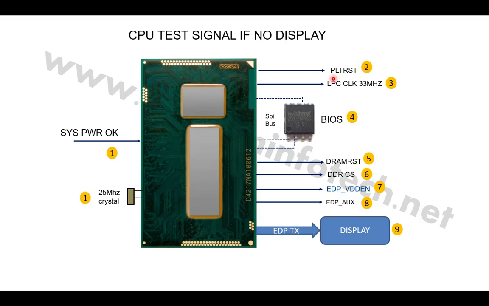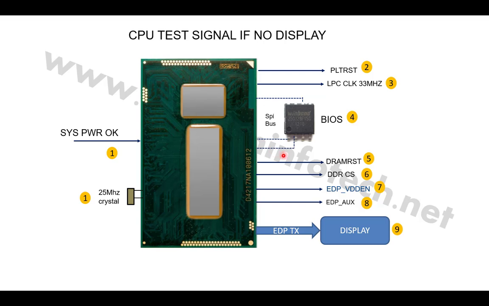Now if this signal is coming, the next step is the CPU starts reading the BIOS. BIOS pin number 1 is chip select, pin number 2 is the read pin, and pin number 6 is the clock pin. So we have to connect our oscilloscope to pin number 6 and just turn on the laptop. In that case you should get some pulses, and the same pulses you should get at pin number 1 and pin number 2.